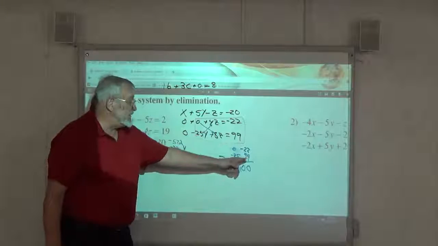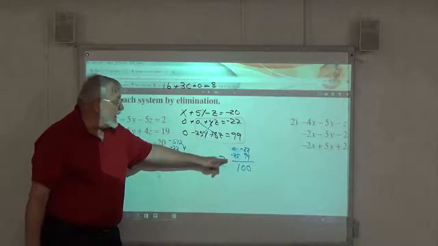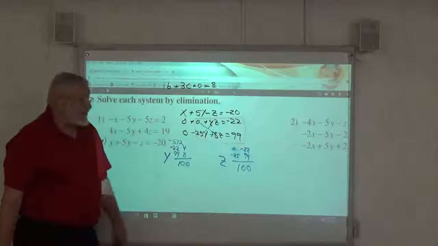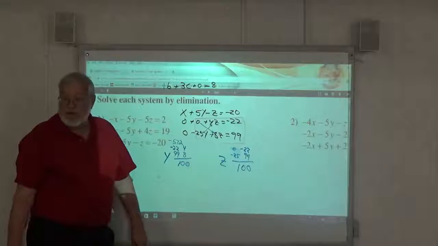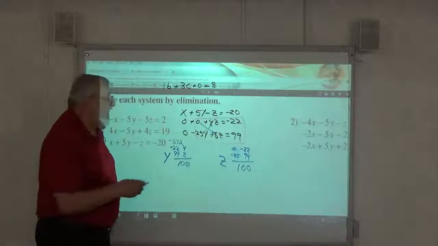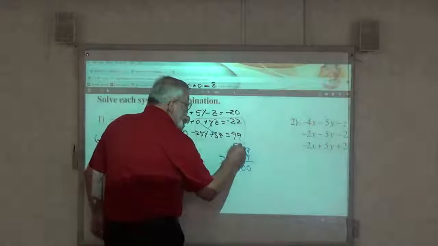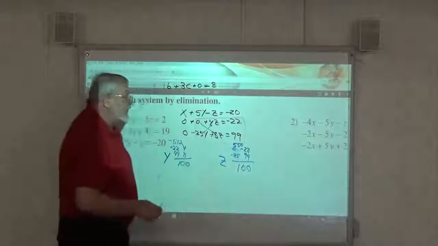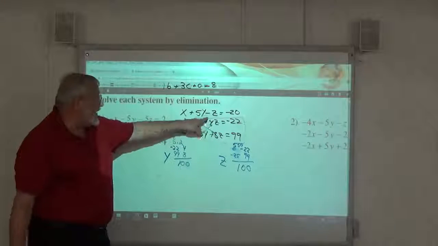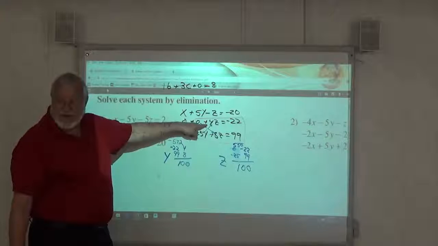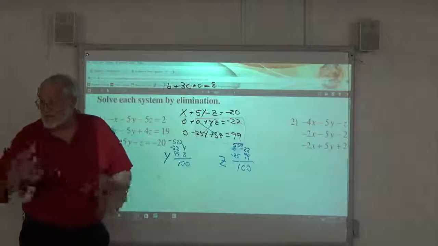So this becomes 0 plus or minus positive. So I want 22 times 25, 550. Now that one I've already figured out. Divide that by 100, that's 5.5. I already knew that from here.